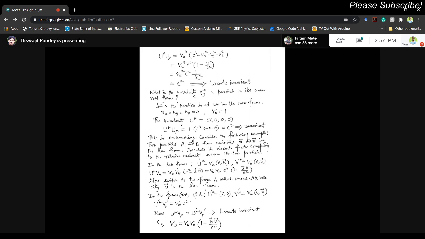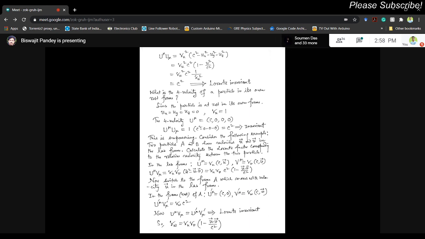So if I have two separate four-vectors, say u mu and v mu, and in one frame I take the scalar product u upper mu v lower mu, then it will be the same in any other inertial frame, equal to u mu prime v lower mu prime. So the dot product of any two four-vectors remains the same in all inertial frames. Now let us solve this problem using the four-vector formalism.